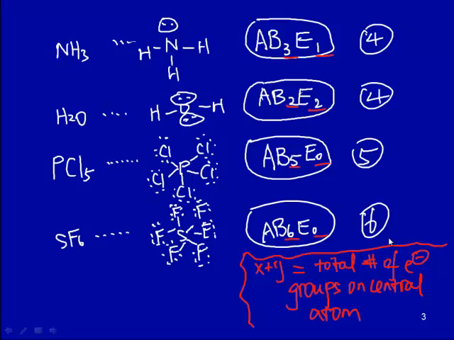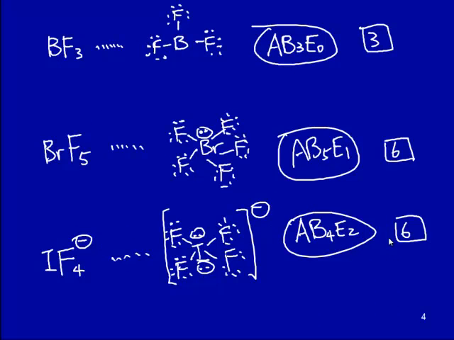The x plus y in the ABxEy notation represents the total number of electron groups on the central atom. Here's an even longer list: boron trifluoride, bromine pentafluoride, and this IF4 negative one charged polyatomic ion.